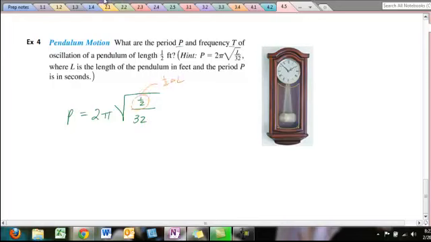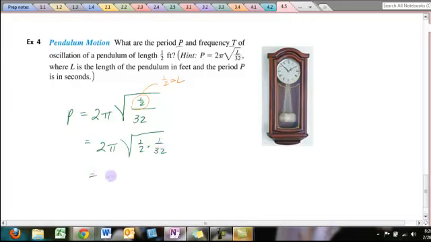Now we're going to simplify this a little further. 2π times the square root of 1/2 divided by 32, which is the same thing as 1/2 times 1 over 32, because if I divide by 32, I multiply by the reciprocal.